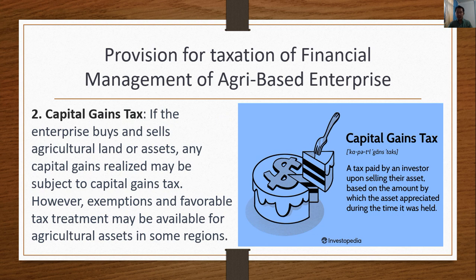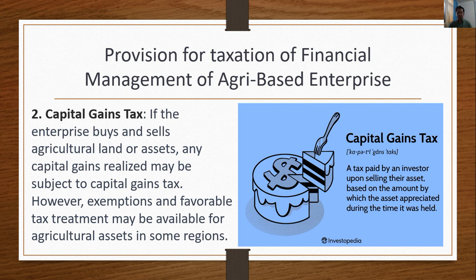Next is capital gains tax. If the enterprise buys and sells agricultural land or assets, any capital gains realized may be subject to capital gains tax.